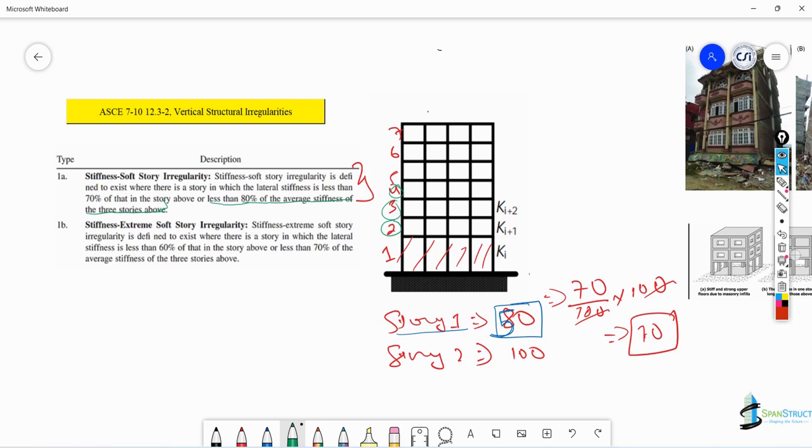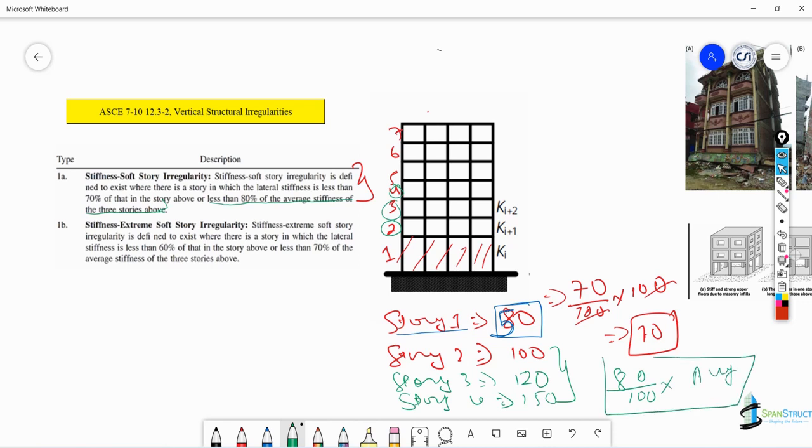Let's suppose story 2 is 100, story 3 is 120, and story 4 is 150. You have to calculate the average of these, then calculate 80% of this average, and check whether in that condition story number 1 is a soft story or not.